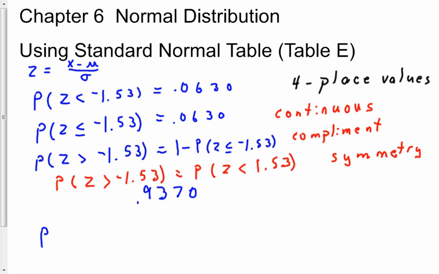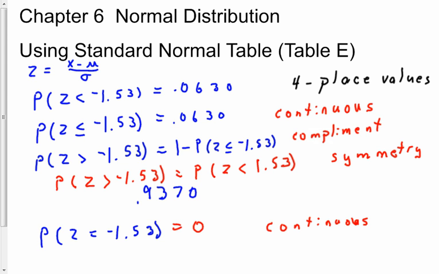If you look at the probability that z equals negative 1.53, that's 0. And that's also because it's continuous. There is no exact value, if you will.